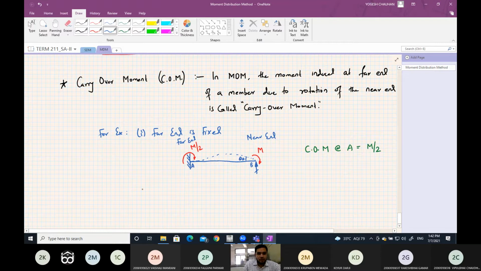Similarly, second case, when far end is hinged.